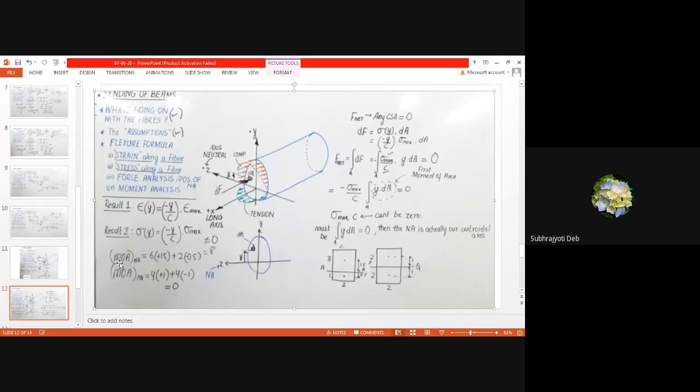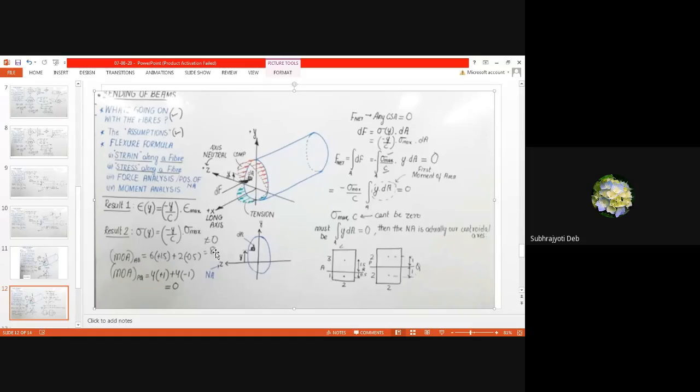On the left side, the moment of area with respect to AB, that is y into dA. Your area will be 3 into 2, which is 6, into y, which is 1.5. If the height is 3, what will be the distance from the center? 1.5.